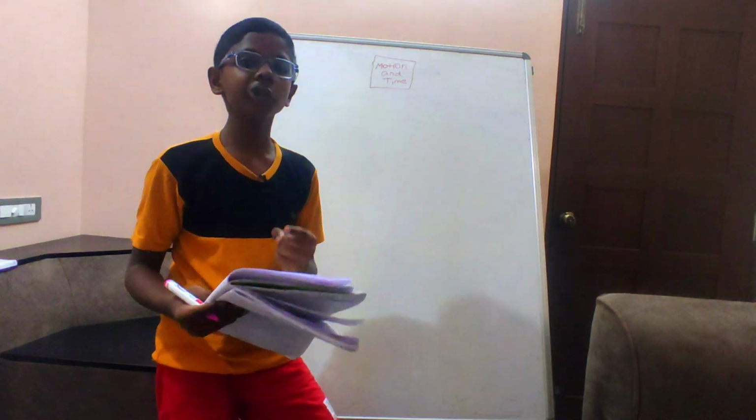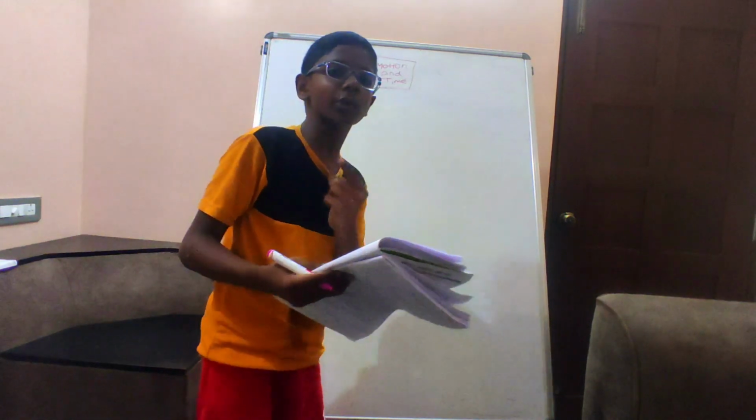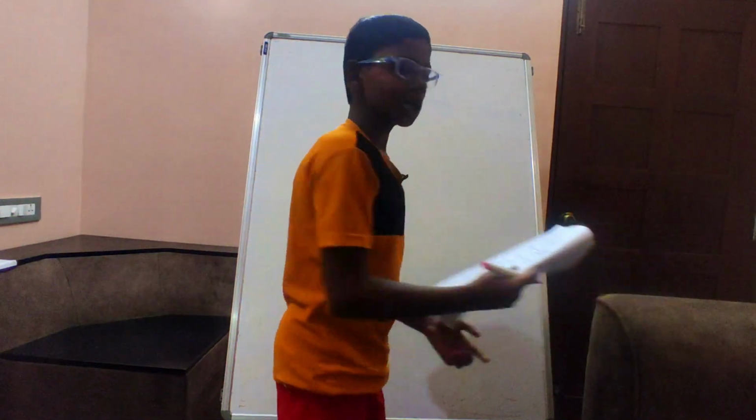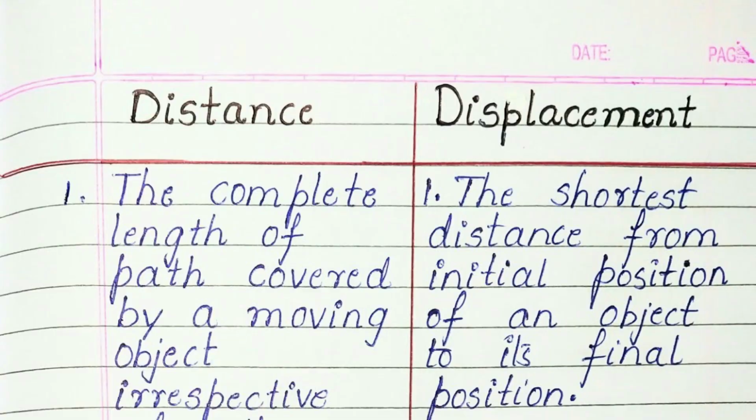These are the definitions for your notes. Keep note of all your definitions, they are very important. Let me repeat once again: distance is the total movement of an object without any regard to direction, and displacement is the shortest distance between the starting and the ending point.